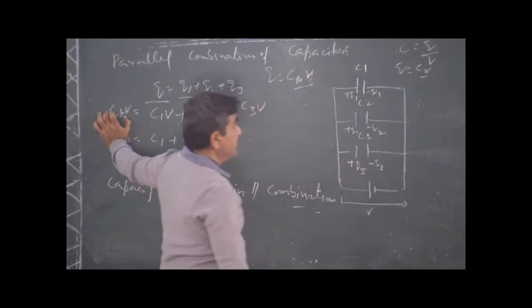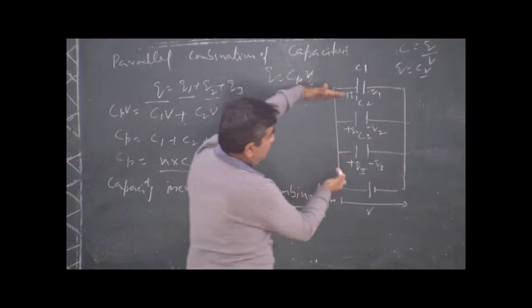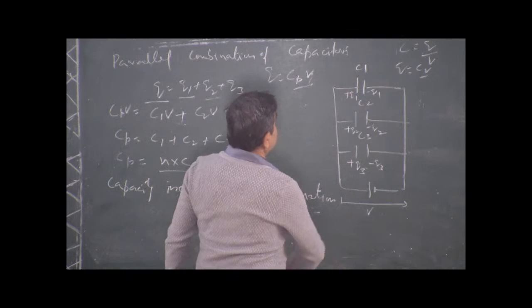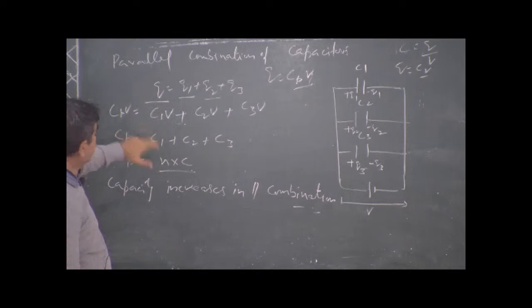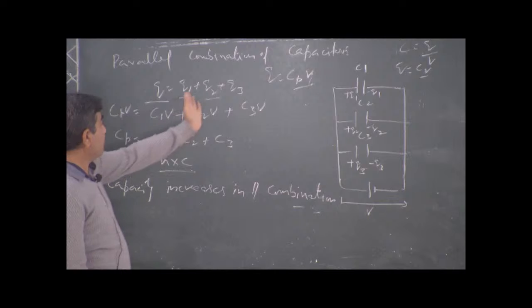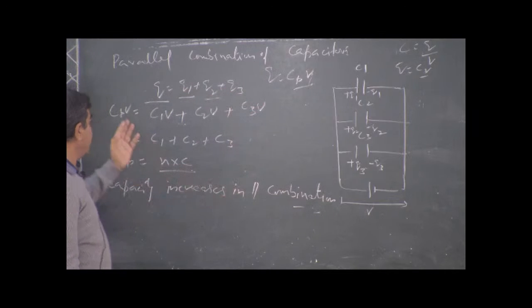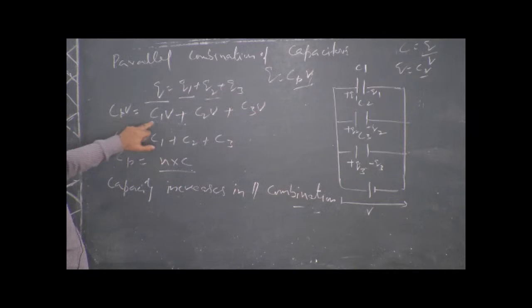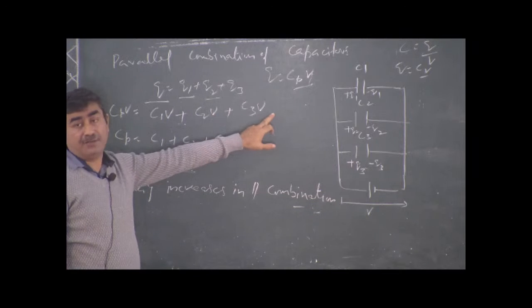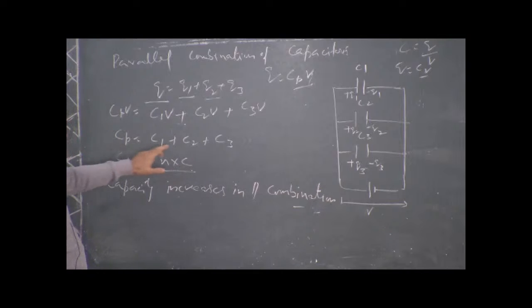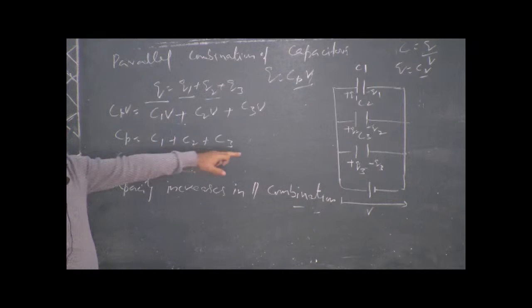If Cp is the capacity of the total combination, then this total charge Q will be equal to Cp into V. So put the value of Q1, Q2, Q3 further, you will have Cp into V equal to C1V plus C2V plus C3V. V cancels out, so Cp will be equal to C1 plus C2 plus C3.